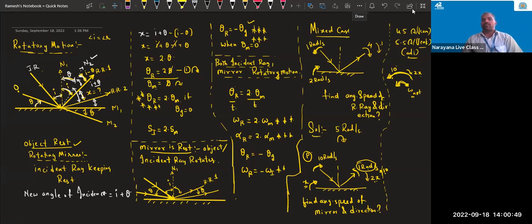But the net angular velocity is 1, equal to 10 minus 2x. So 2x equals 10 minus 1, 2x equals 9, so x equals 4.5. Yes or no? That is our answer.